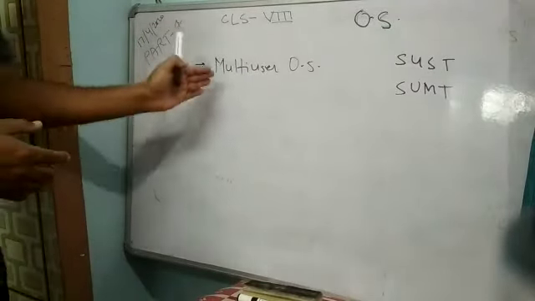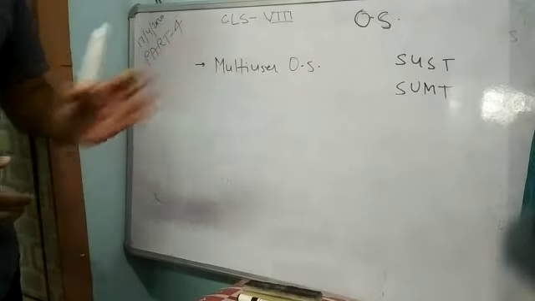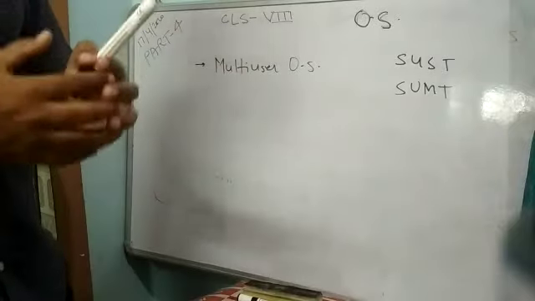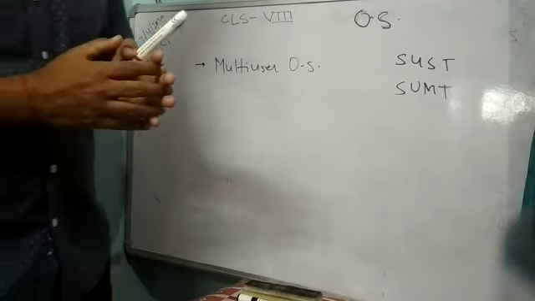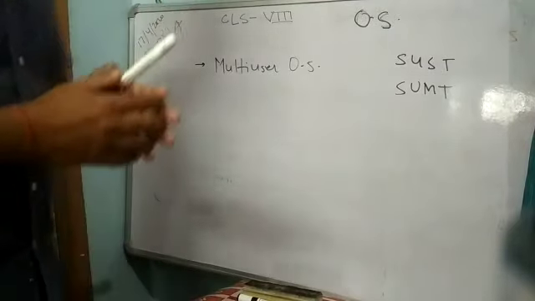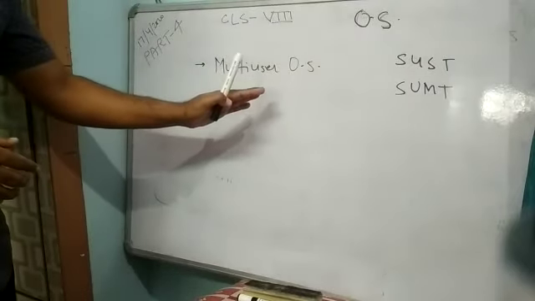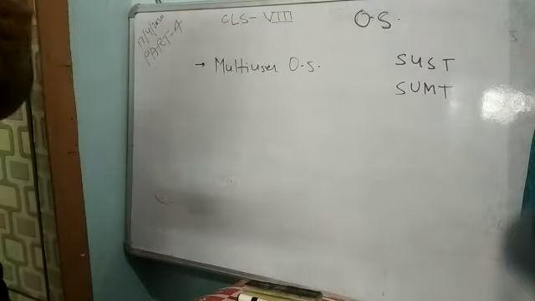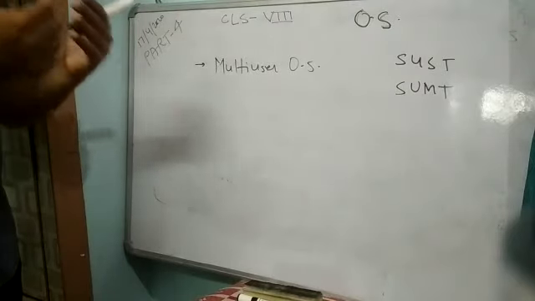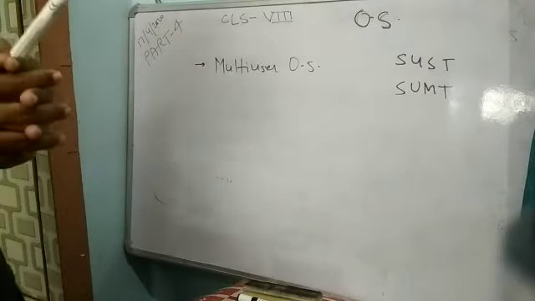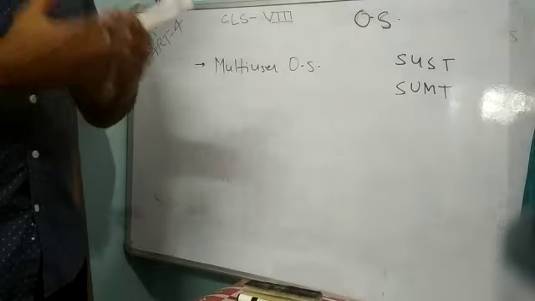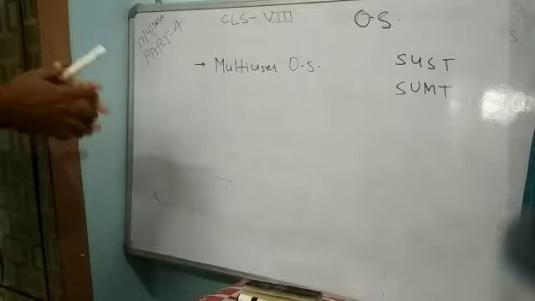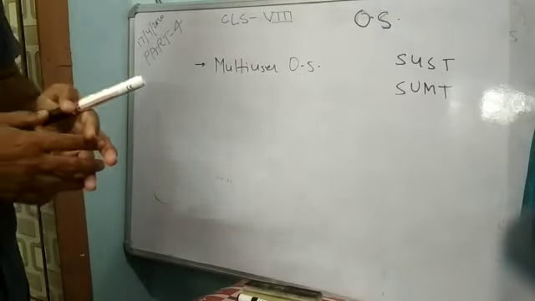Multi-user, as the name suggests, means multiple users can share an operating system, like Windows 2000, Windows NT, Windows XP, and Linux, Unix. These are in the category of multi-user operating systems.